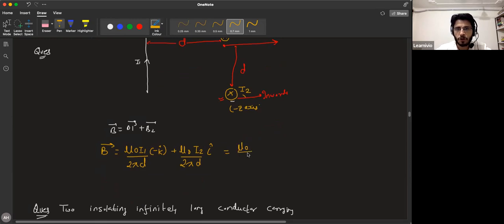So it's mu naught over 2 pi d, so this is I1 k cap and I2 i cap. So it's I1 k cap with a negative sign plus I2 i cap. Yes, is it clear?